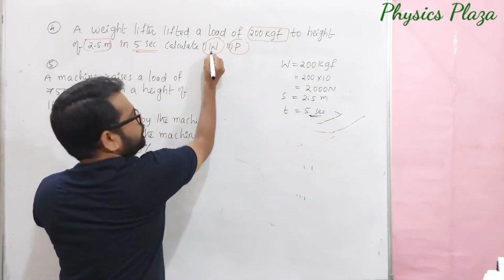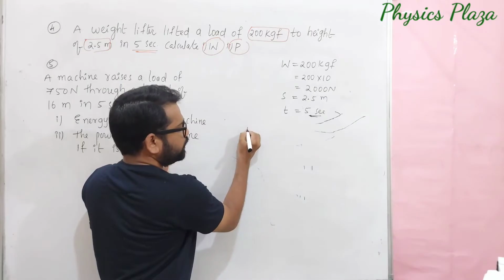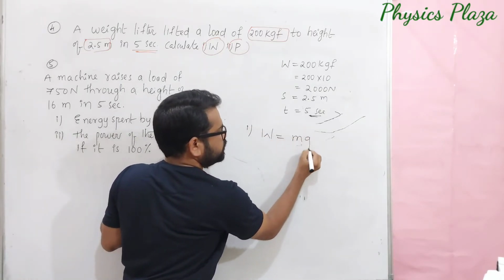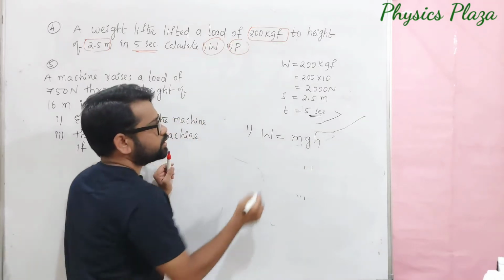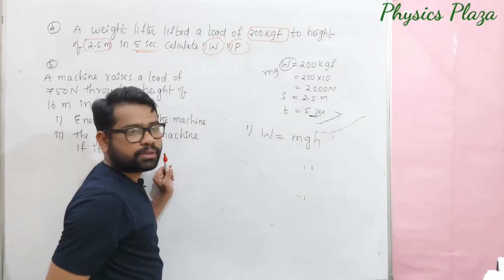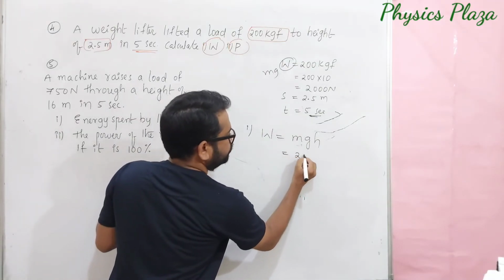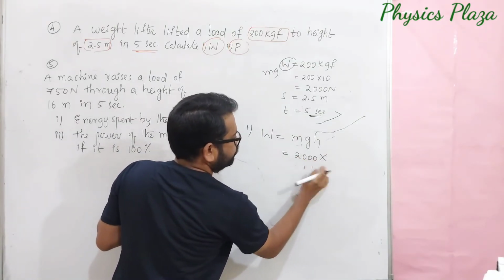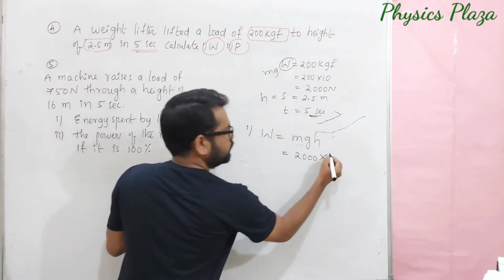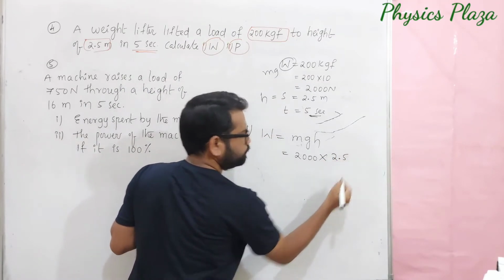They are asking us to calculate the work done. So children, work done is equal to, what's the formula? W is equal to mgh. So children, it is weight, that is mg. Mg is given as 2000, into the height 2.5.